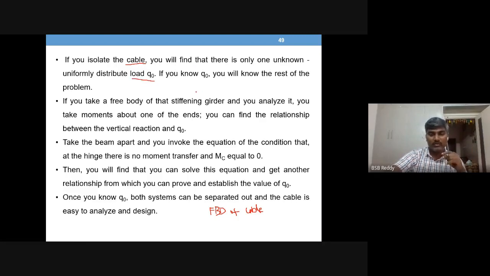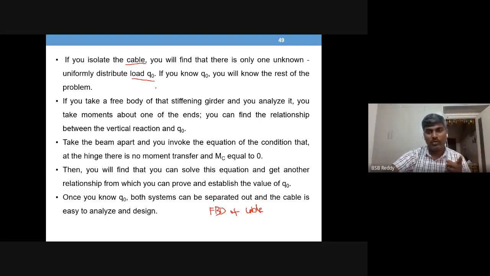Okay, because loads are applied not on the cable, but on the girder. Loads are transferred from the carriageway to the girder, and the girder transfers the load to the cable.